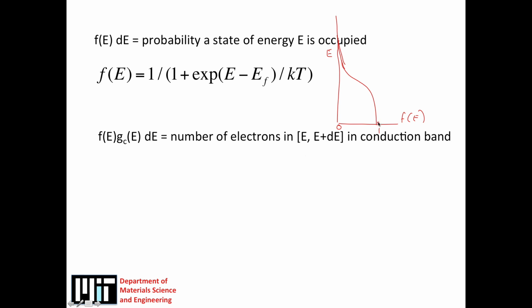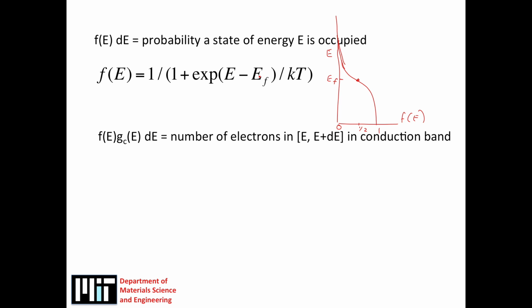As we go down in energy, the states are all occupied, so f(E) is 1, and at this point here, which is the Fermi energy, we get a half. So if you put E equals E_F here, you get 1/2 as the value of the Fermi function. So now we know what the probability of occupation is, and we know the shape of those densities of states. So now we can work out where the carriers actually are in the conduction band and valence band.